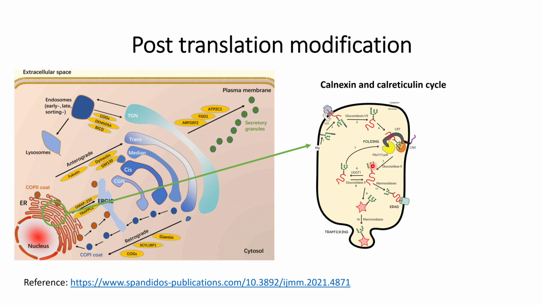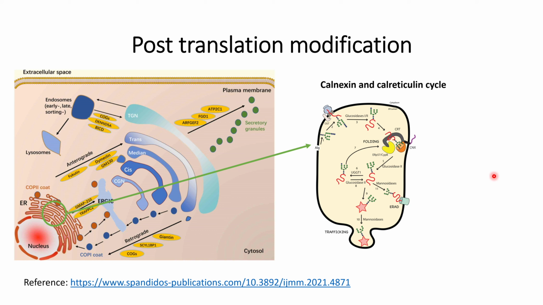will trim off the mannose from this glycan structure, and when the structure has mannose 6 to mannose 9, it is susceptible to be recognized by ERAD proteins that take part in the ERAD mechanism, so that it can now be directed towards endoplasmic reticulum associated degradation.